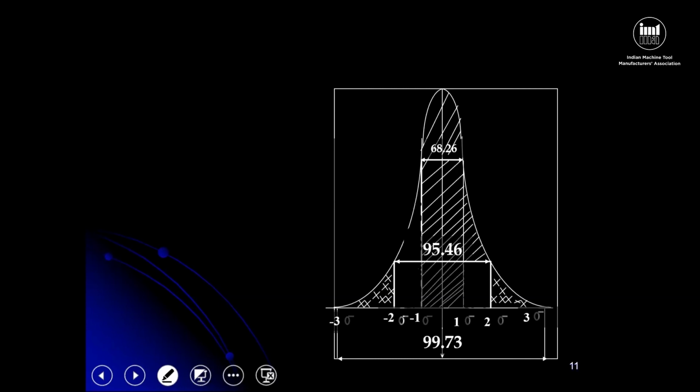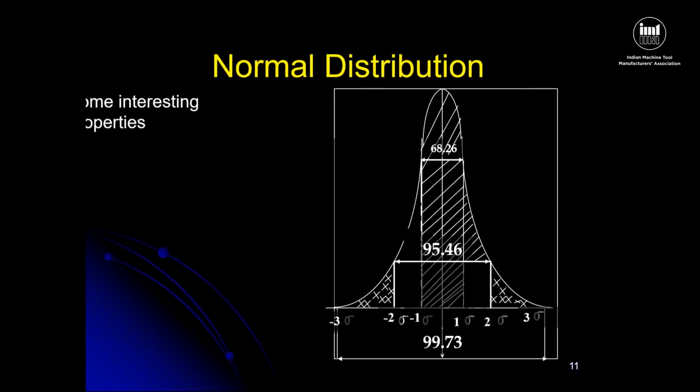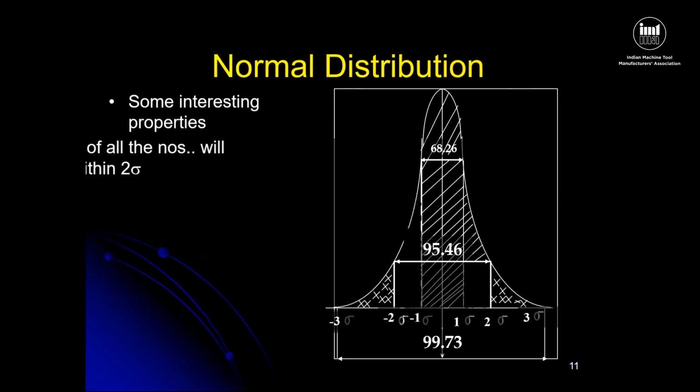Then we might get a graph which looks something like that. And then we look at the area under the graph. If we add 3 standard deviations to the mean and subtract 3 standard deviations from the mean, we might get a situation which looks like this. And this is what we call a normal distribution.